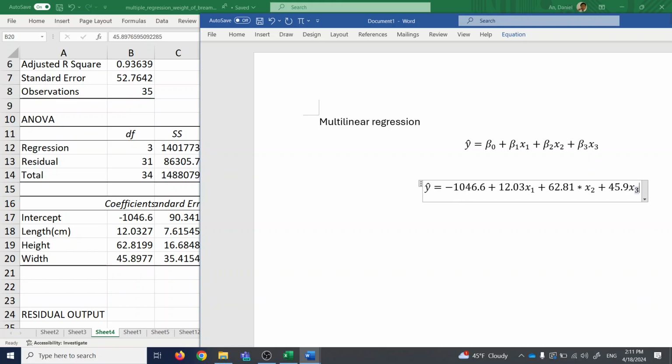And that's the equation. Okay? This equation will give you the weight, and the company will be happy because the correlation coefficient was 0.97. So it has a very good prediction capability. So the prediction is very good.